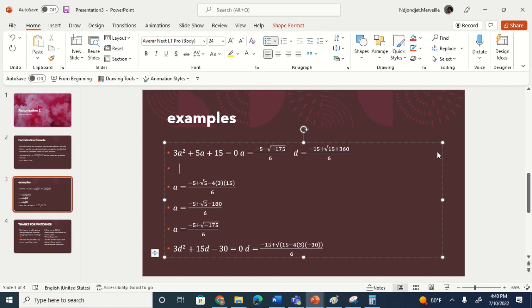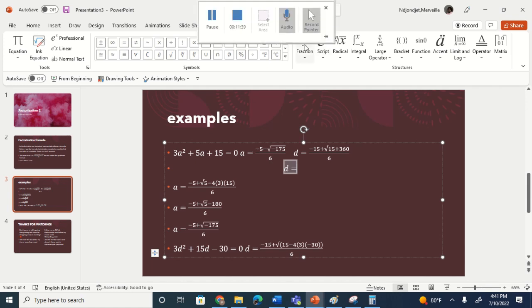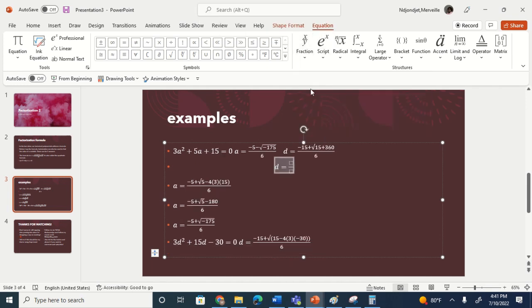Now, we could insert a new equation. D is equal to minus 15 plus the square root of 15 squared plus 360.